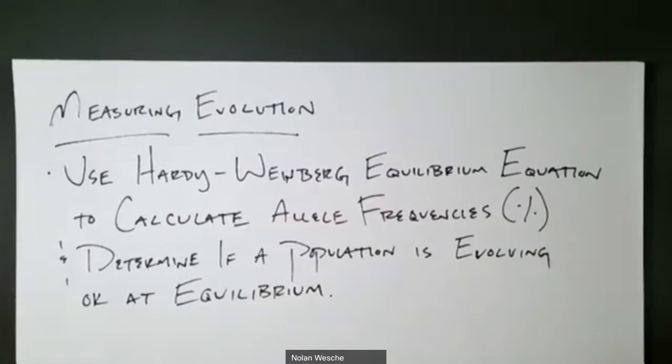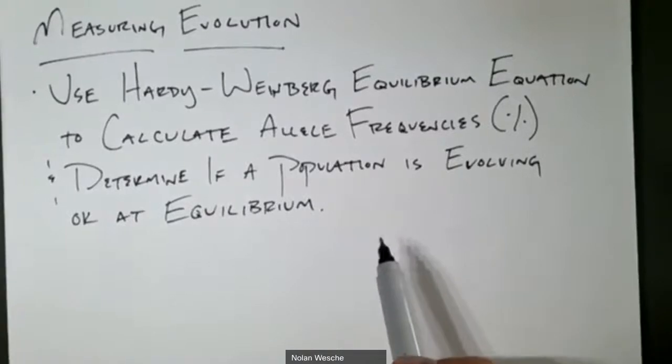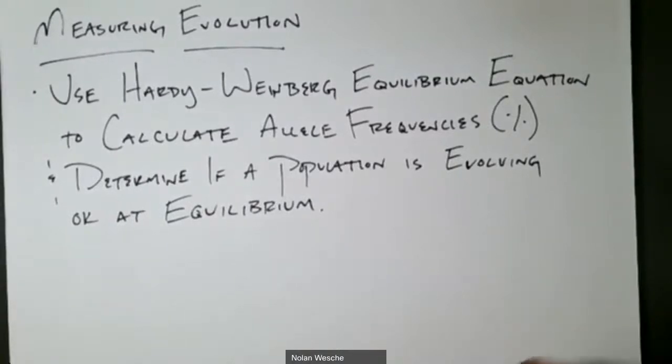So we're going to use this equation set to determine if our population is evolving or if it's at equilibrium. So here's the two equations. Again, we've defined evolution as just a change in allele frequencies over time.